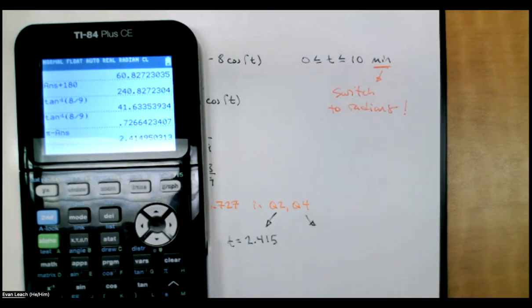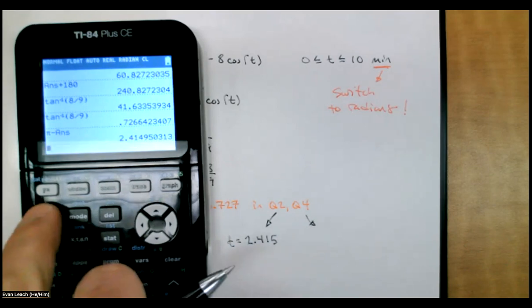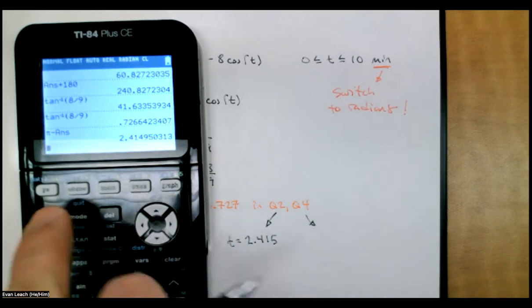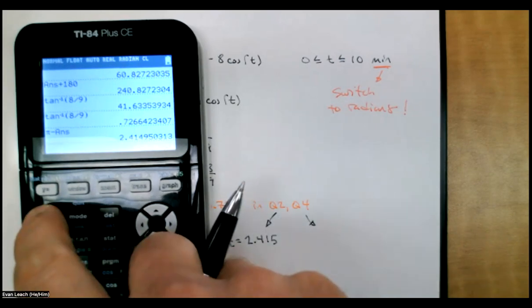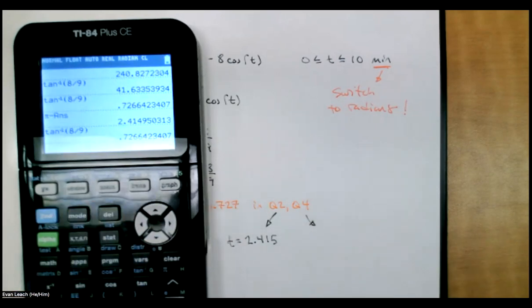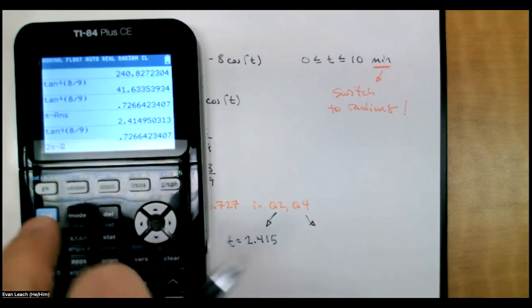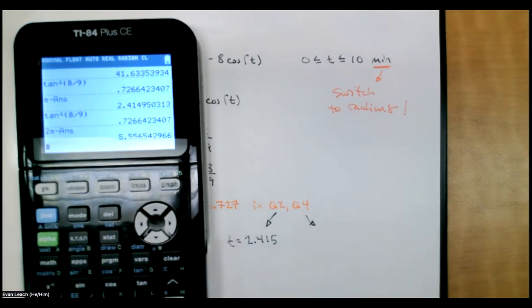And the quadrant 4 angle, I'm going to get my reference angle back, is going to be 2 pi minus the reference angle.